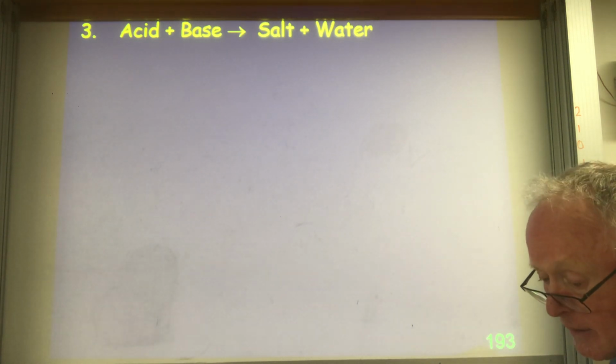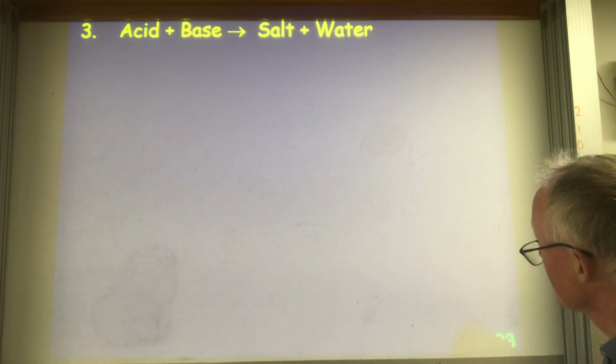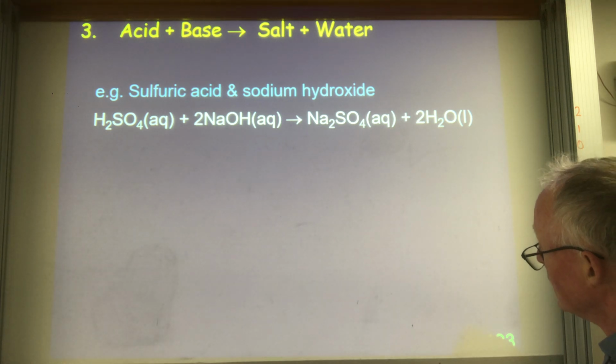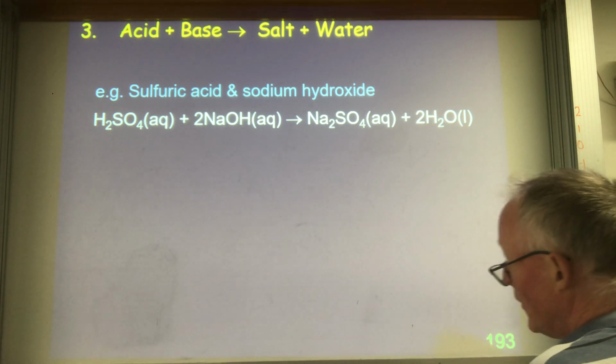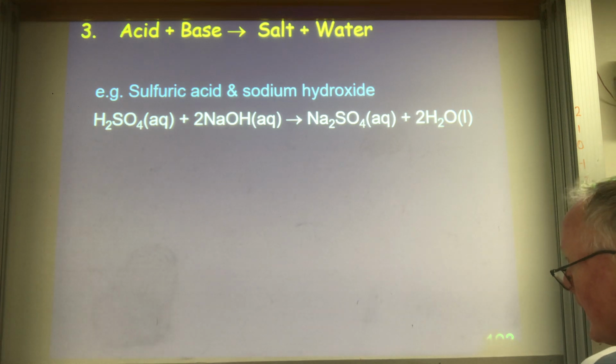And the last of our three basic classes of reaction, acid plus base, gives salt plus water. So, sulfuric acid and sodium hydroxide being our example, if you can write the formulas of each of those, it's pretty easy to see what's going to happen.